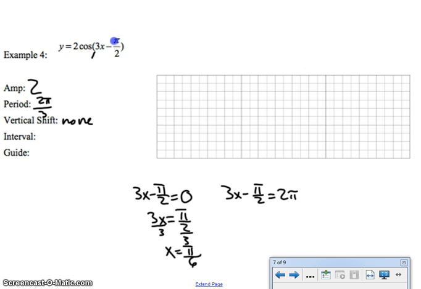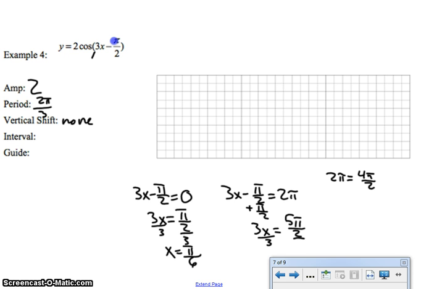Here, when I add pi over 2, 2 pi is the same as 4 pi over 2. And I would have to have a common denominator if I'm going to add those two fractions. So 4 pi over 2 plus pi over 2 would be 5 pi over 2.